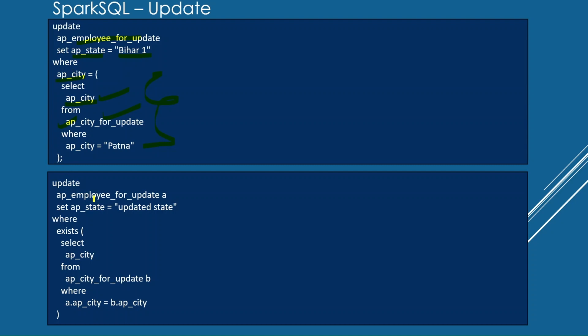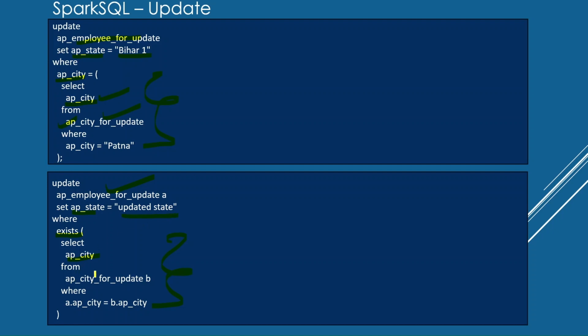Now again I am doing an update statement. I am creating a subquery. In this subquery, I am using exists here. Where exists? What exists? This APCT. If this APCT exists in this table, then update this table by setting AP state equal to updated state.